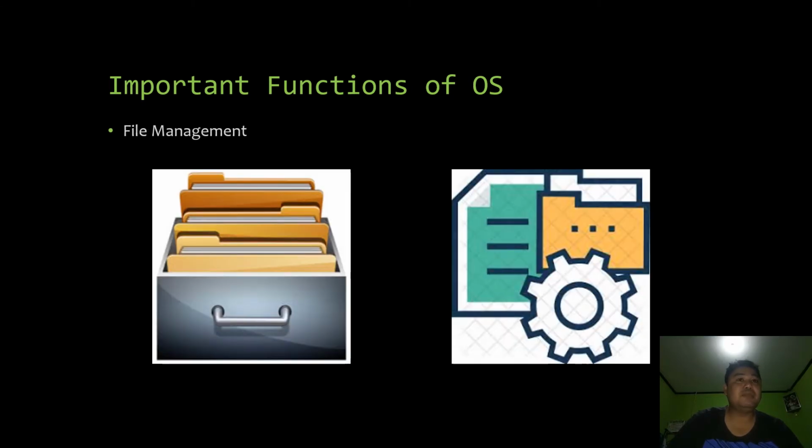Another is file management. So in other times, we only used cabinets to manage files. Now, it is easy for us to manage files because your operating system is designed in such a way that it is easy for a file to be stored and to be retrieved.